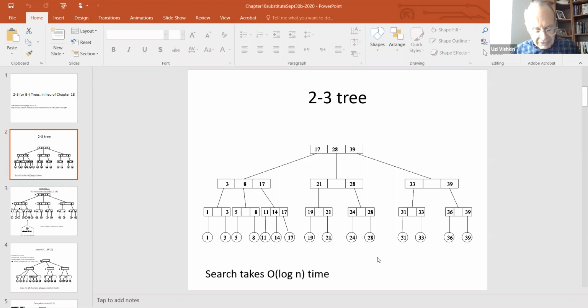Can you try and reason why the height of the tree must be big O of log n if you have n leaves?